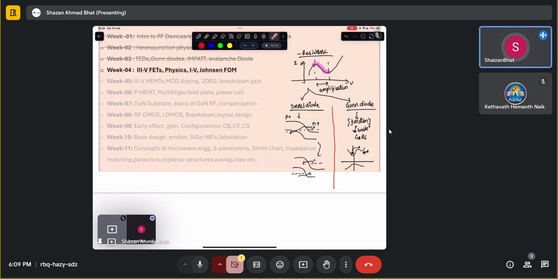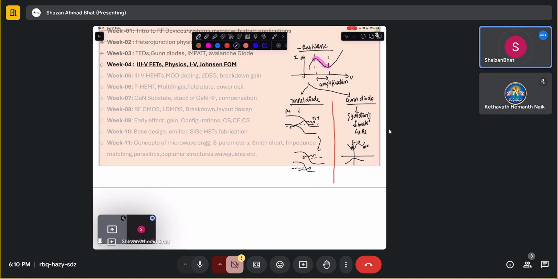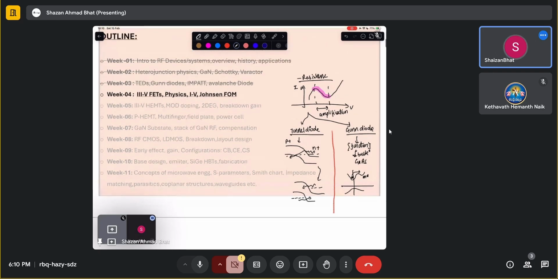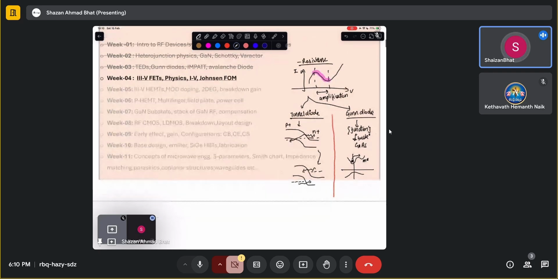Now, today, what we are going to cover is III-V FETs, which are III-V field effect transistors: their physics, their IV characteristics, some basic equations, and some questions which will be solved in between the slides and not at the end of the session.